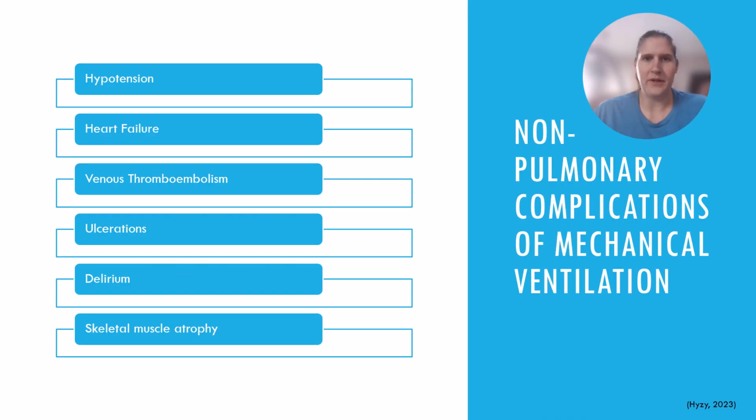There are also non-pulmonary related complications which have serious effects on multiple organ systems, such as hypotension, heart failure, venous thromboembolism, ulcerations, gut hypomotility, erosive esophagitis, diarrhea, decreased splenic perfusion, acute kidney injury, weakness, and disordered sleeping.